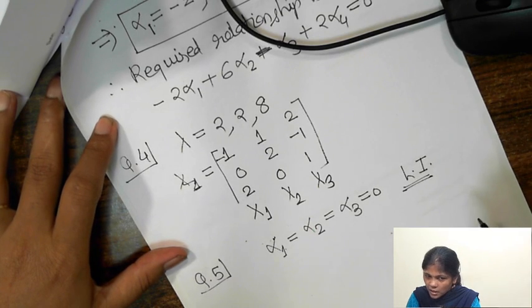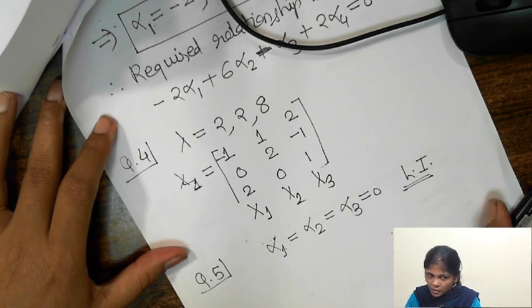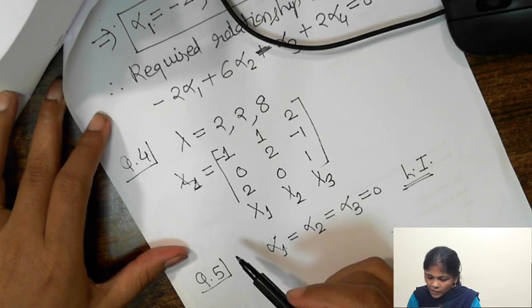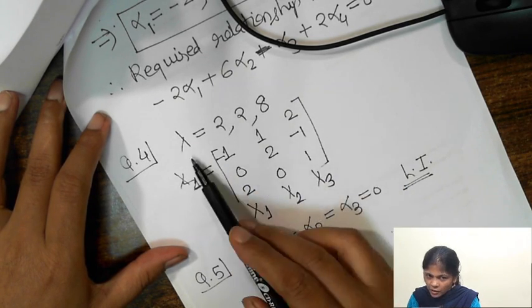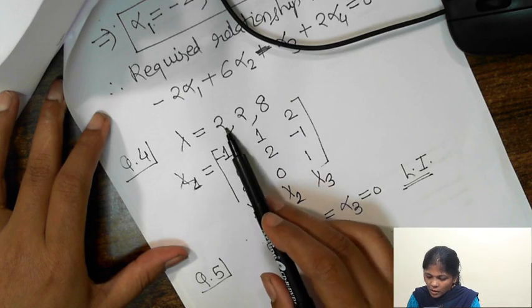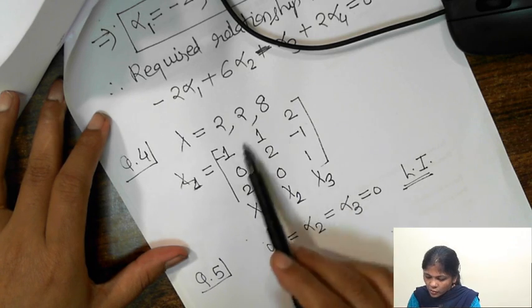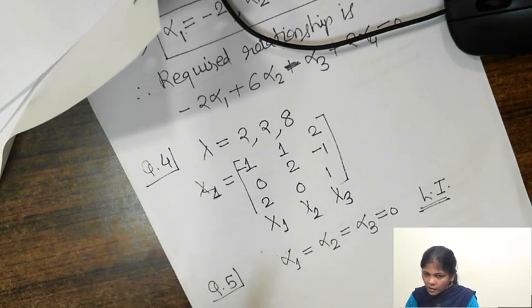So try to get this answer. If you have any queries, feel free to ask me. I have not covered these 2 questions in detail because I know that you are able to solve them very well, so I just shared the final solution. Lambda should be 2, 2, 8 and the eigenvectors must be a combination of these 3. You should get these 3 vectors anyhow. And for the 5th one, all alpha will come out to be 0.